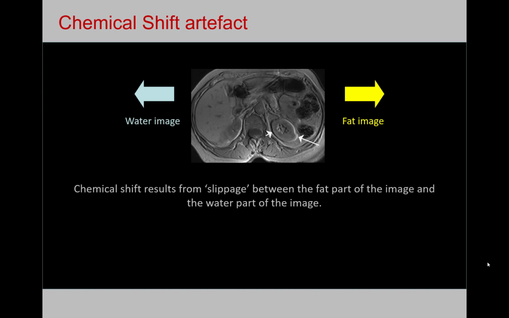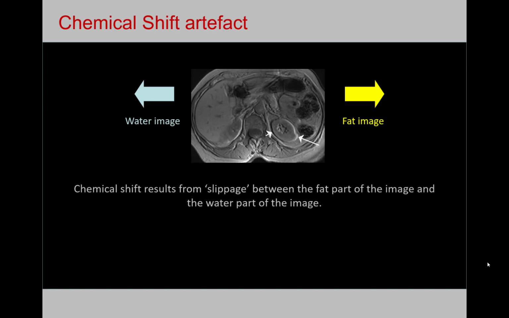To understand chemical shift artifact, you need to think of the MR image as being made up of two underlying images, a water image and a fat image. If you think about the signal in MR, a lot of it is coming from water and some of it is coming from fat. And each of those can be thought of as making up their own image.